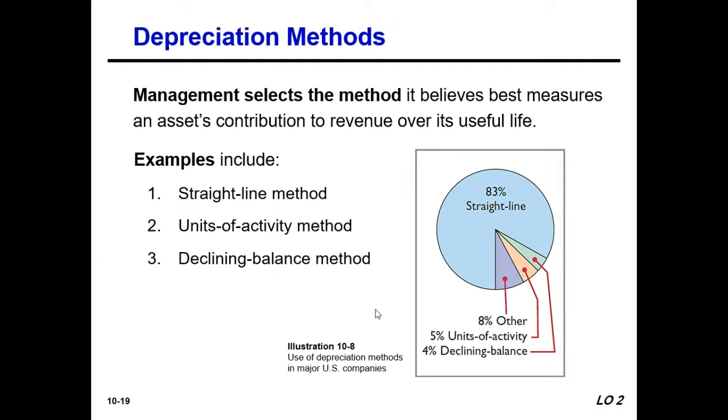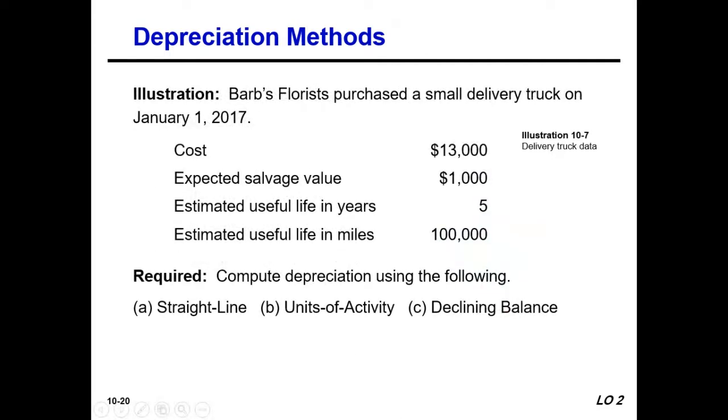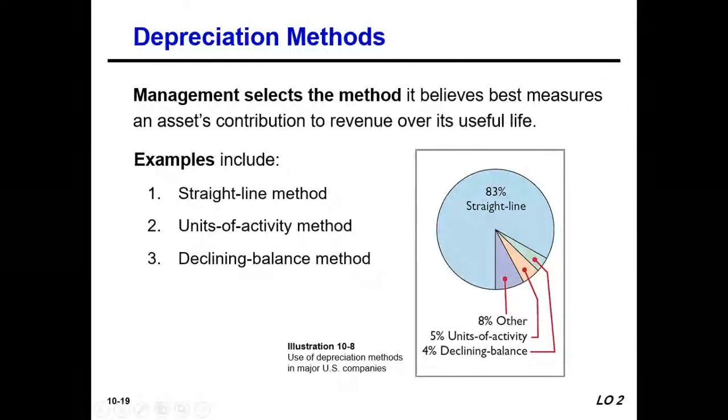Now, we have different methods to calculate depreciation. They are the straight line method, which is one. You have the unit of activity method, and we have the declining balance method. We look at them one by one, easy.